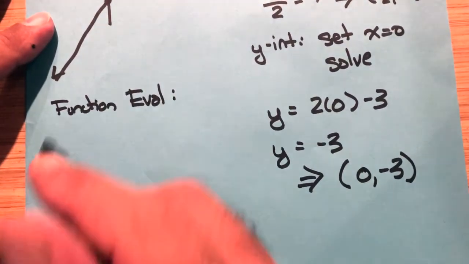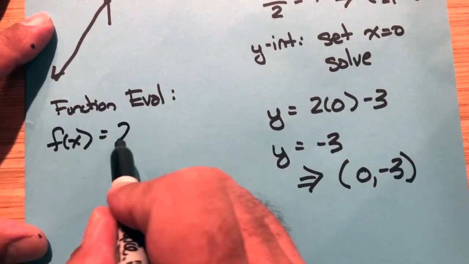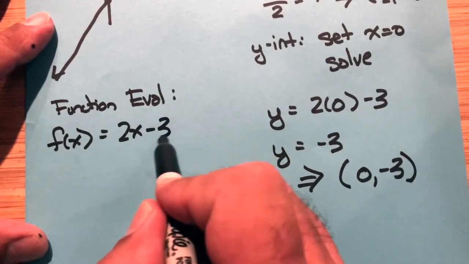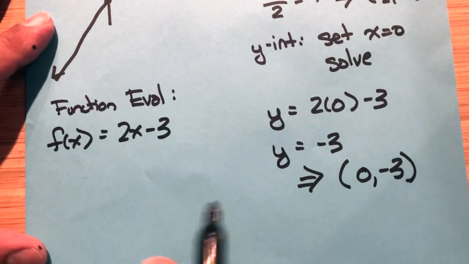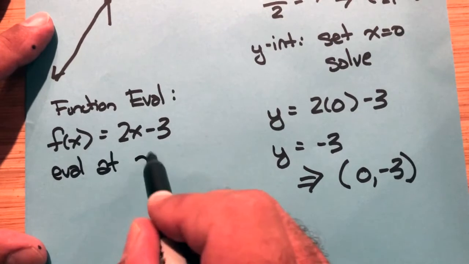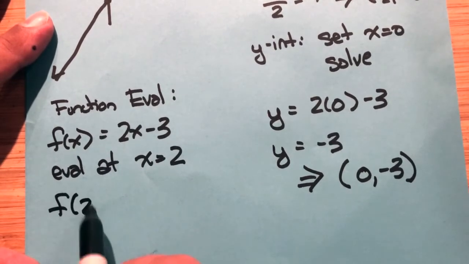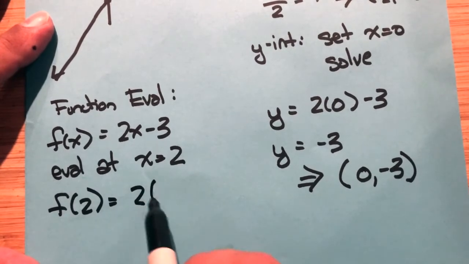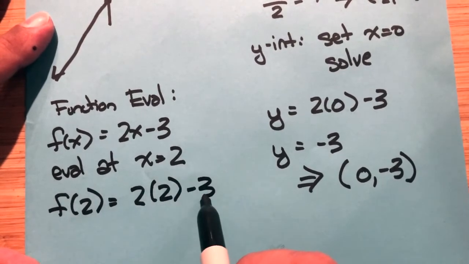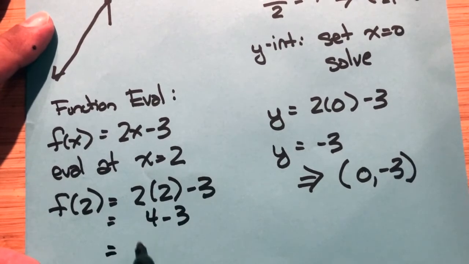So say I wanted to take our function f of x equals 2x minus 3, and we're going to evaluate that at x equals 2. So f of 2 equals 2 times 2 minus 3 equals 4 minus 3 equals 1.